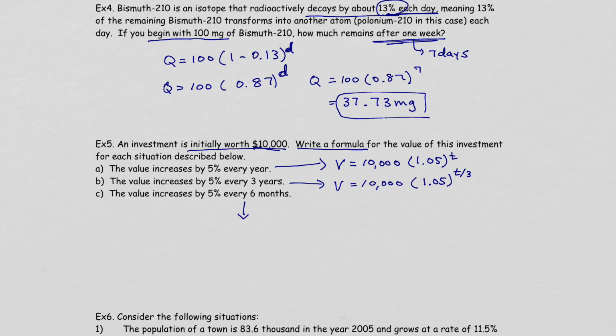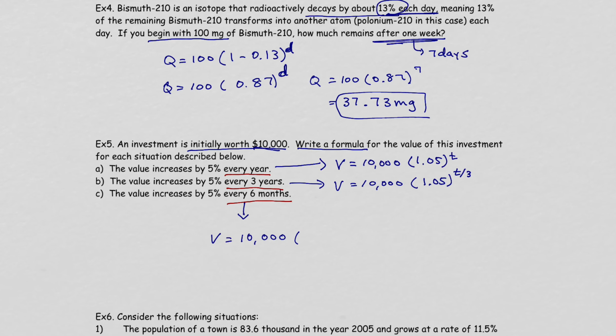This one is going to be exactly the same as the other one. Again, the only thing different is every 3 years versus every 6 months, right? So in this one, how do we write 6 months? Well, when you multiply, it should get 1, right? So 6 months, you're going to multiply by 2.